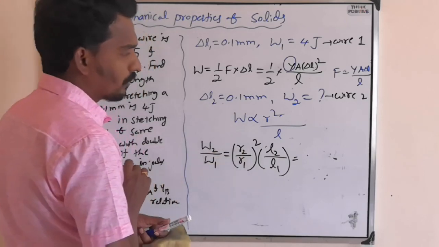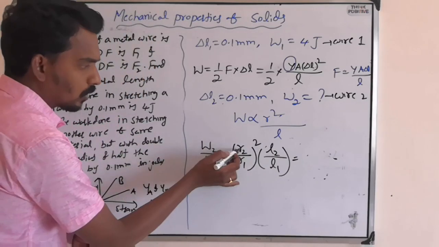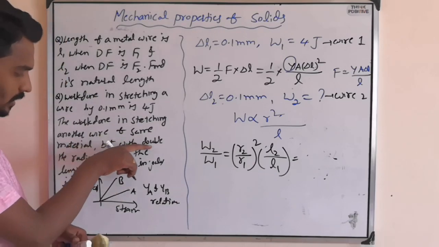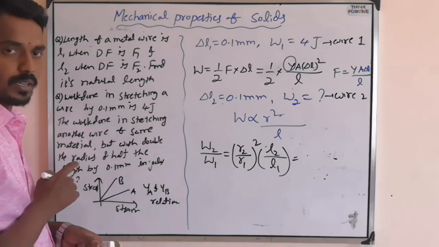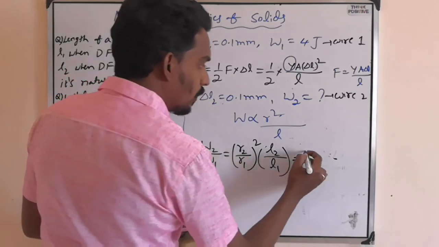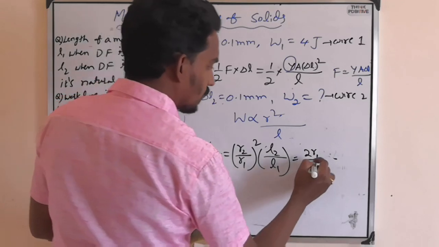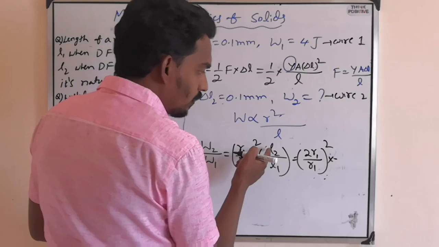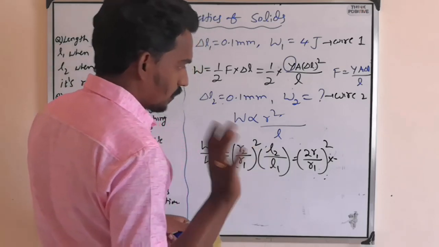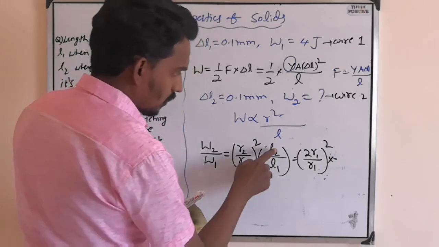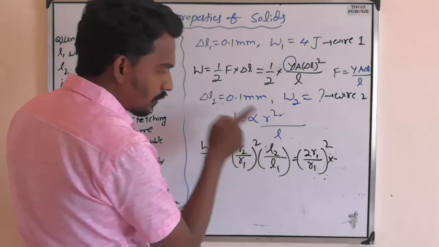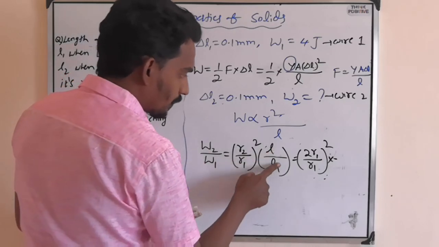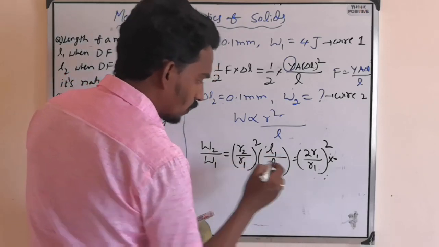Now R2 by R1: R2 is the radius of the second wire, which is double the radius of the first one, and the second wire's length is half. But here W is inversely proportional to length, so W2 by W1 should become L1 by L2.